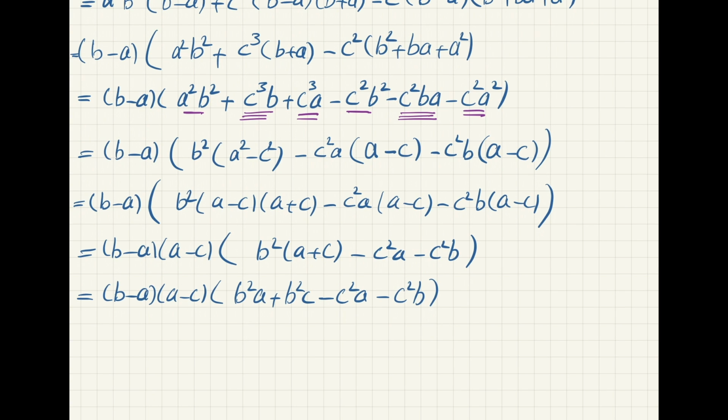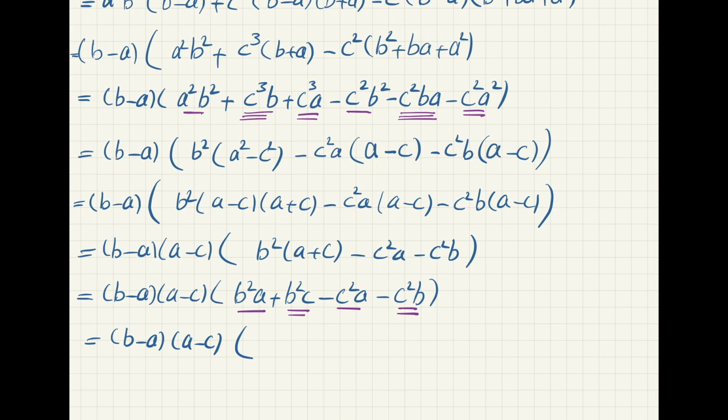So how can we factorize now? Okay, so we can take this one with that one and these two together, yes? So if I continue, this becomes b minus a minus c.